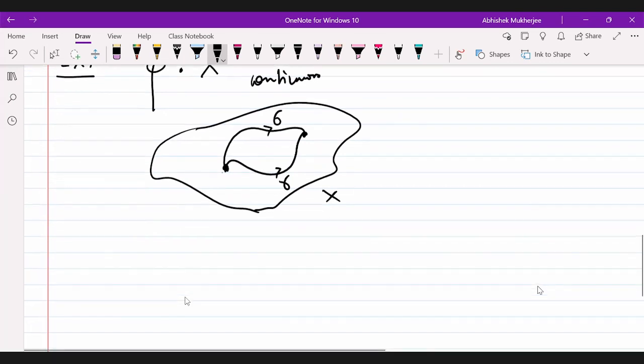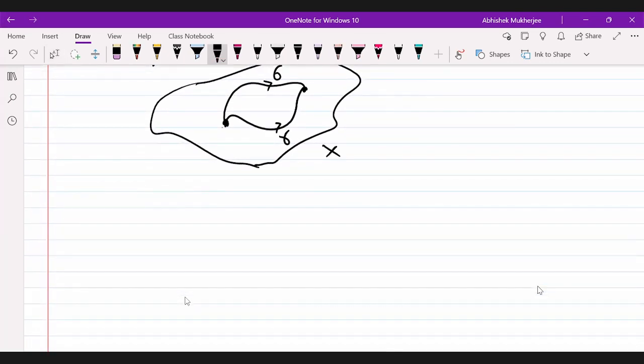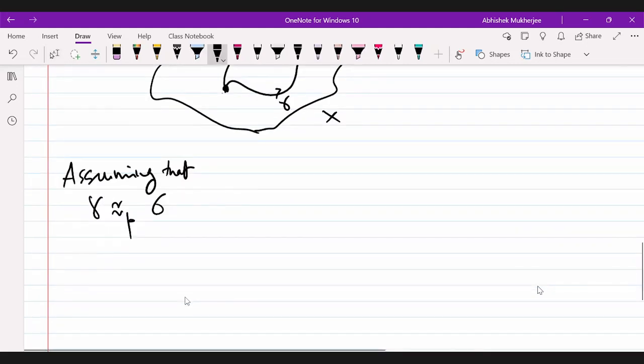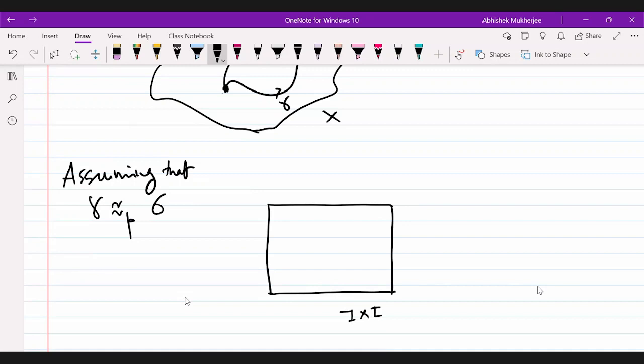So then what you will get, assuming that gamma is path homotopic to sigma. That means you can construct a continuous map from this I cross I to X. This is capital F. Okay.